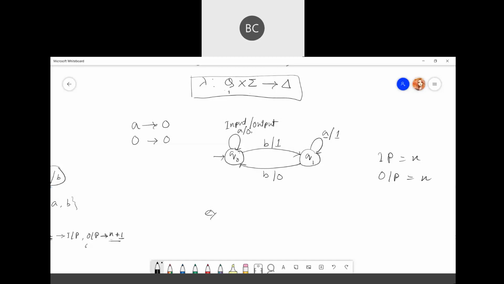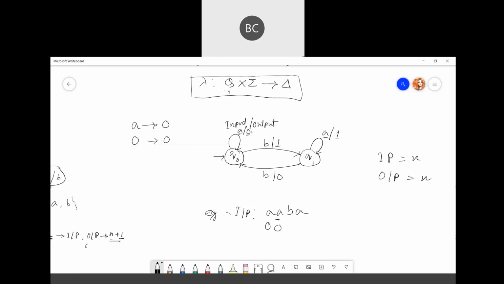If you take an example, let's say A, A. For A, this is your input. For input symbol A, what's the output? 0. Next, again the input symbol is A. For input A, output is 0.